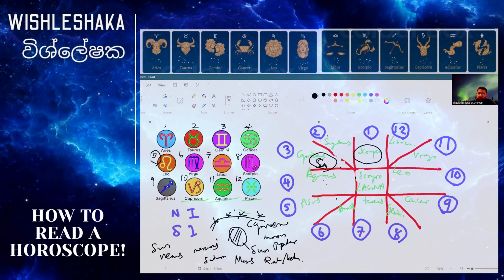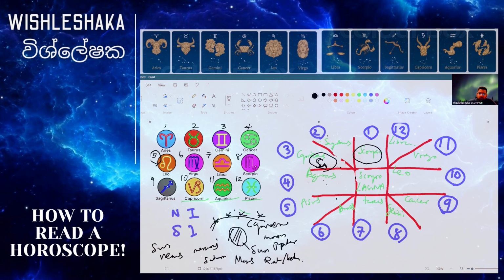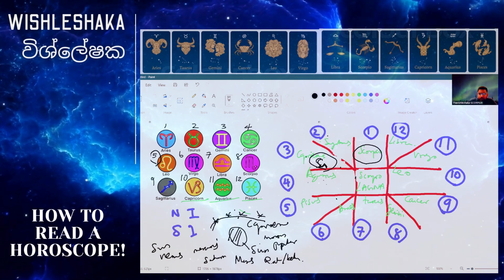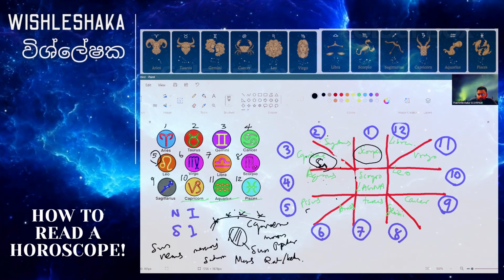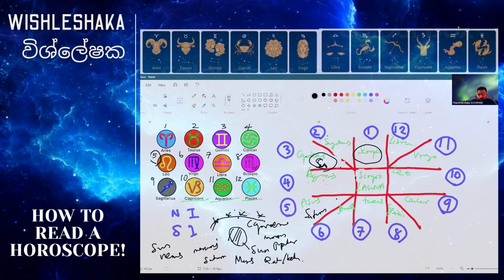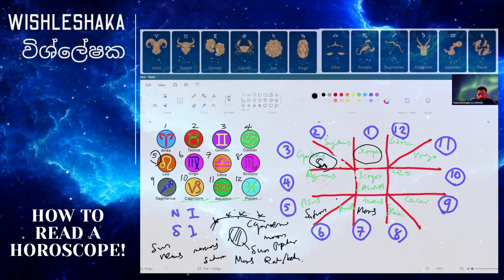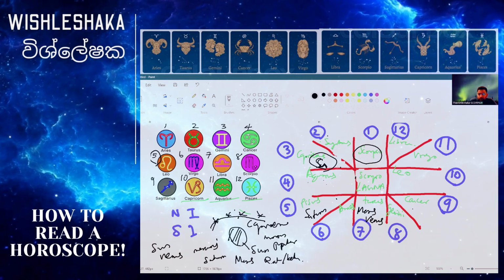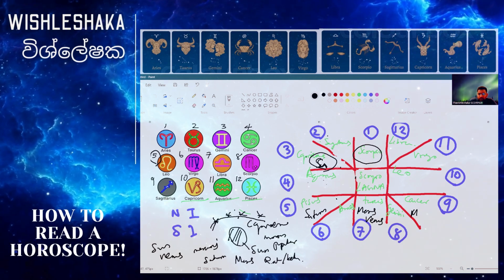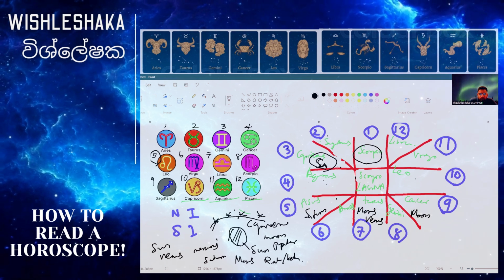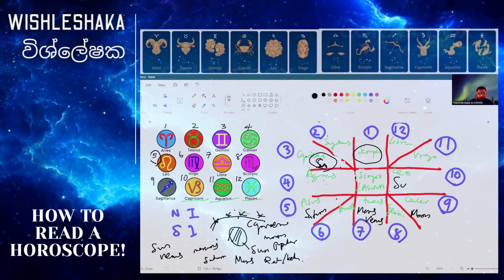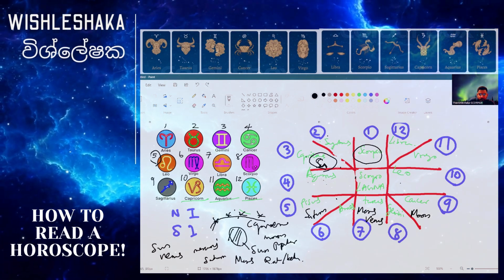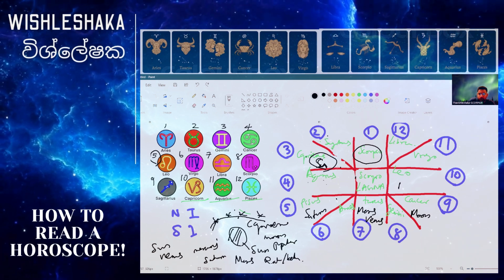All right. So now let's say the Sun is in Capricorn. Your Saturn was in Pisces. Your Mars was in Taurus with Venus. Moon was in Cancer. Let's say Rahu was in Leo.